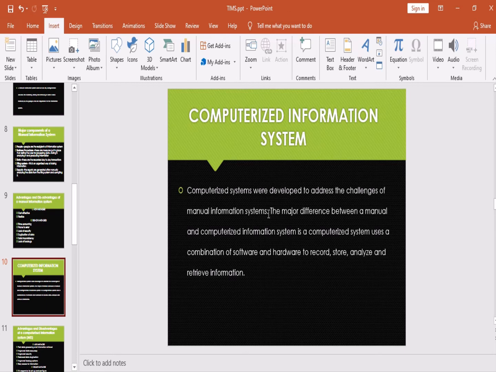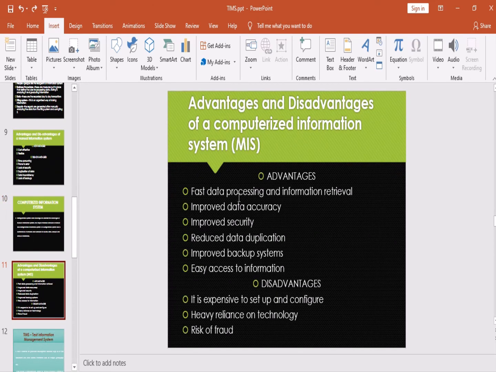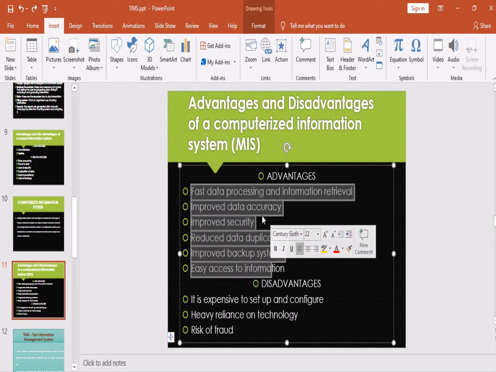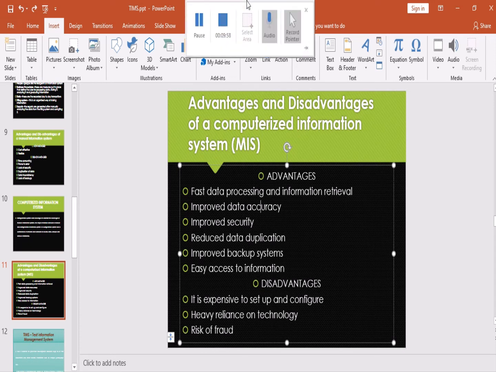The major difference is that a computerized system uses a combination of software and hardware to record, store, analyze and retrieve information. There are a lot of advantages: fast data processing and information retrieval, improved data accuracy, improved security and reduced data duplication, improved backup system, and easy access to information.